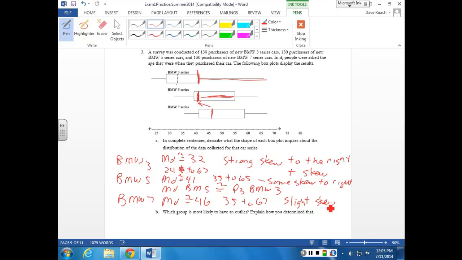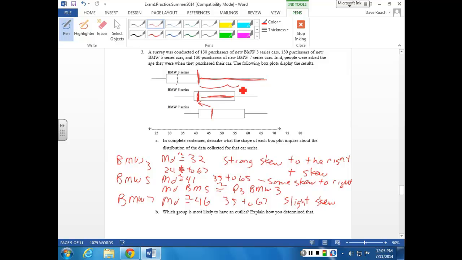Part B says which group is most likely to have an outlier. Well, it's going to be the BMW 3 because the tail is a lot longer. And what you'll see is some computer programs will put outliers, some will put outliers and extreme values, and some will just draw out with no outliers or extreme values. But let's see, 1.5 of these would be about there and here.